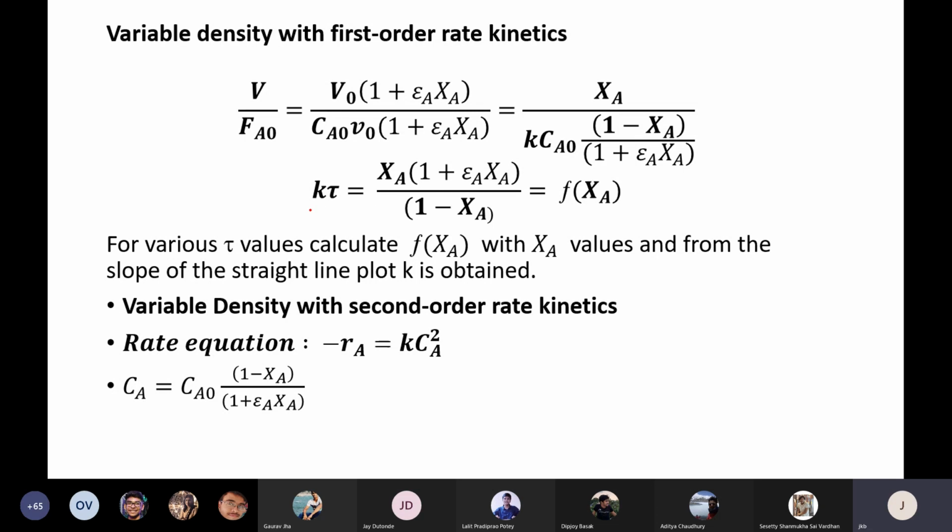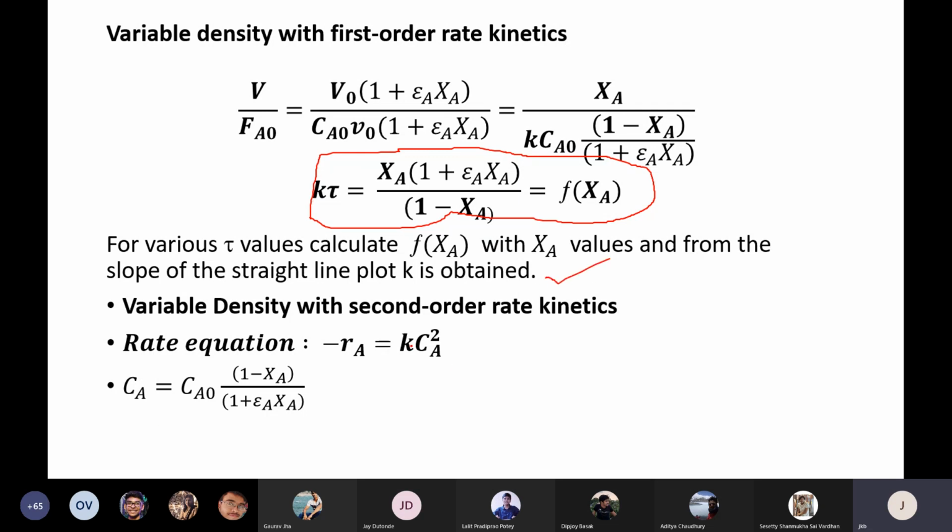So kT becomes this equation. This is for a variable volume first order reaction, and this is a function of XA. This can be plotted as a function of tau to get the rate constant. This also I have shown.